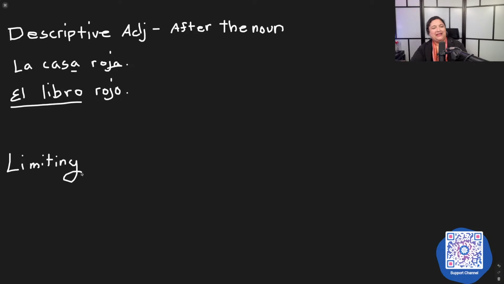Okay, limiting. And then I'm just going to go ahead and abbreviate this. Now, limiting adjectives express the quantity of the noun. It indicates amounts. Also, limiting adjectives can talk about the possession of something. And also we have demonstrative adjectives.